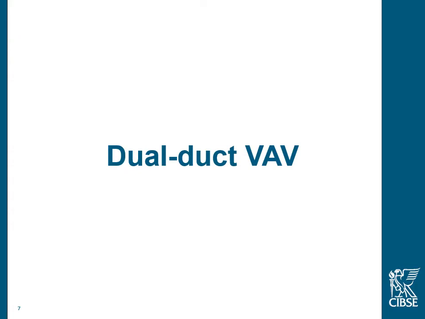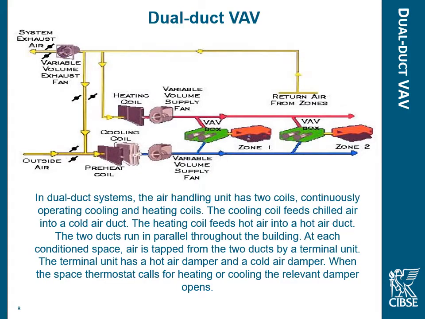Now, dual duct VAV is similar to single duct, but it's now got two ducts. It's got a hot control duct and a cold control duct. This has got the benefit of being able to do heating and cooling simultaneously in different zones. The main drawback with single duct VAV is that it could only do one thing at a time. It couldn't do heating and cooling. This system will do heating and cooling in different zones.